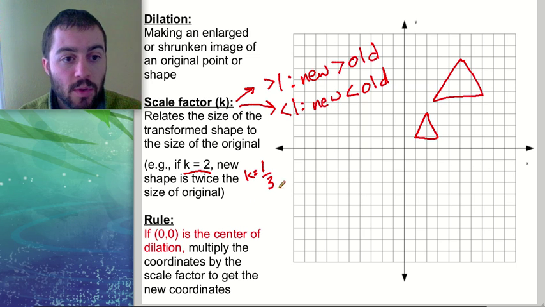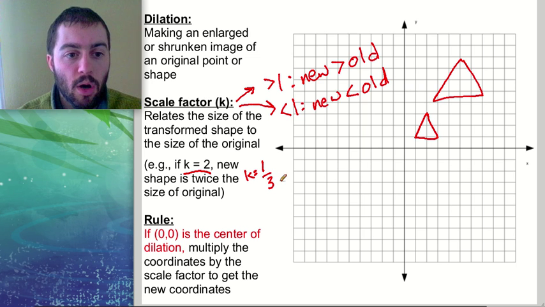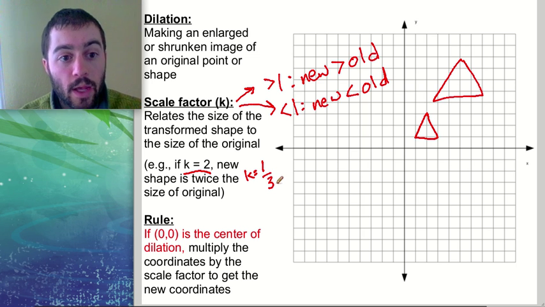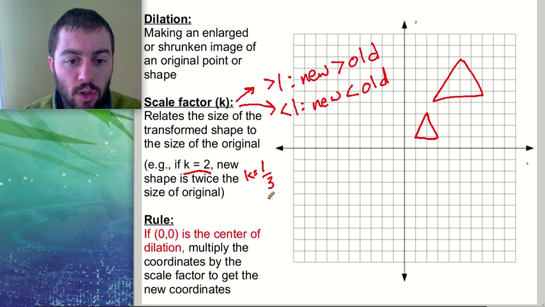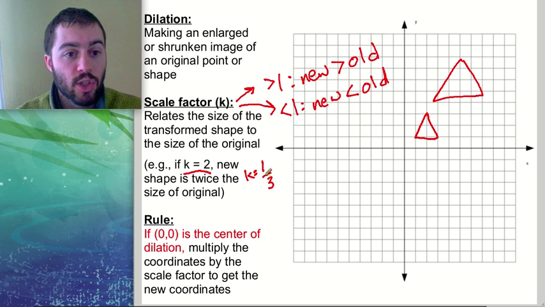So anytime you see a fraction like this where your numerator is smaller than your denominator, that tells us that our k is less than 1, and it tells us that the new shape is going to be smaller than the original shape, or the image is smaller than the original. Okay, so the scale factor is very important here. It tells us the relationship between the sizes of our two shapes.